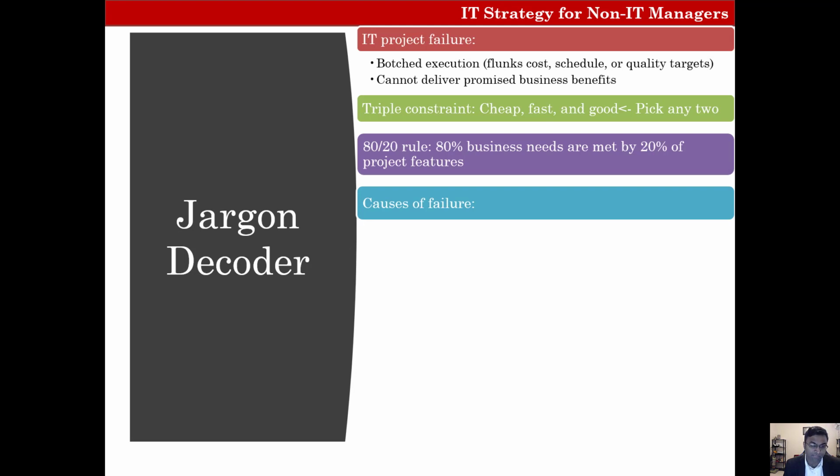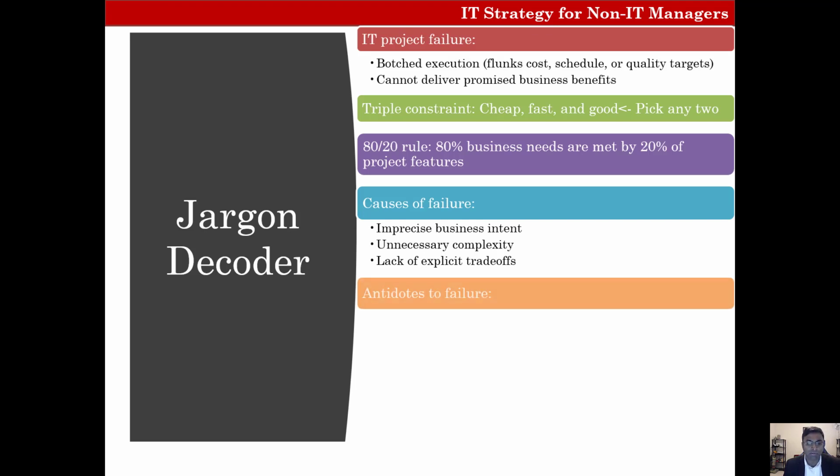Causes for failure are imprecise business intent, unnecessary complexity, and the lack of explicit trade-offs on cost, schedule, and scope.